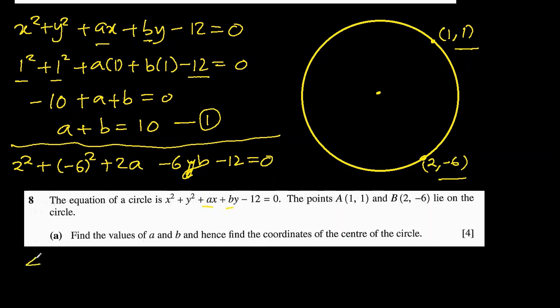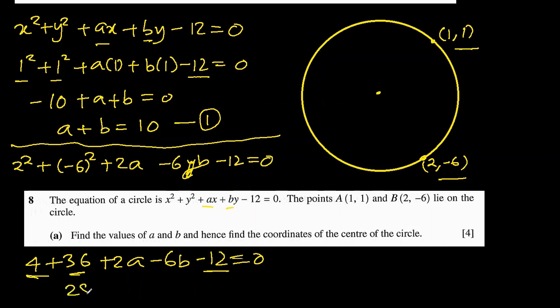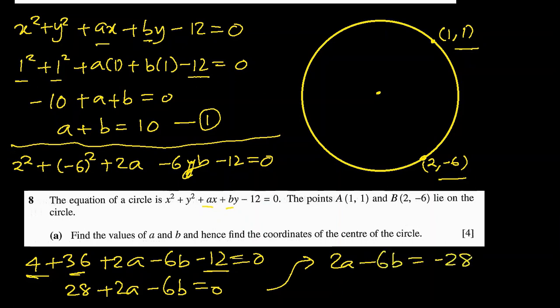So it becomes 4 plus 36 plus 2a minus 6b minus 12 equals 0, and that gives us what? 4 plus 36 is 40. 40 minus 12 is 28, plus 2a minus 6b equals 0. So this gives us equation 2: 2a minus 6b equals minus 28.